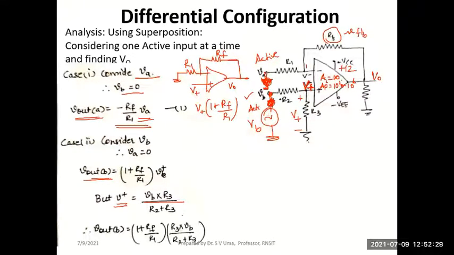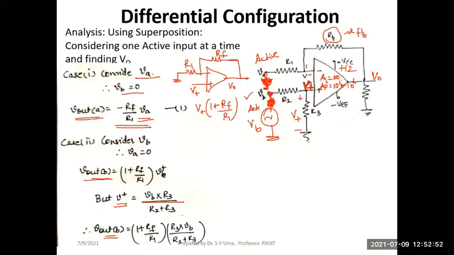To do that, we can easily use the voltage divider rule. We'll find the voltage V plus across R3 as VB R3 by R2 plus R3. Now, I know V plus, I know the circuit is acting like a non-inverting amplifier with gain 1 plus RF by R1.